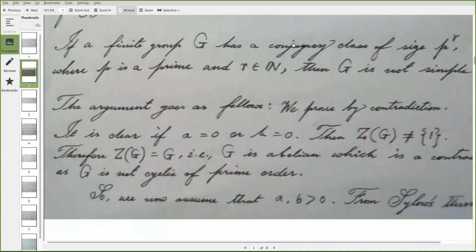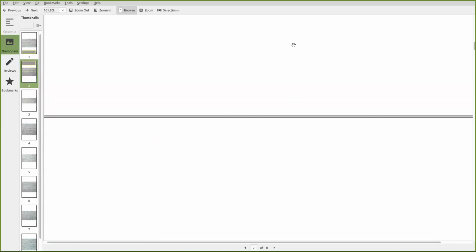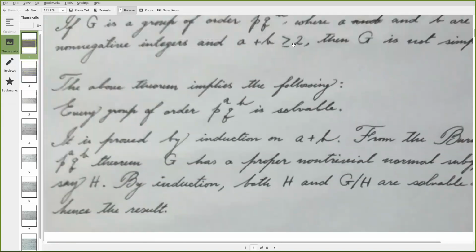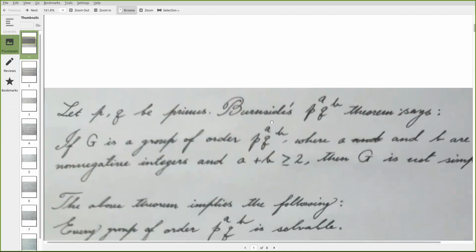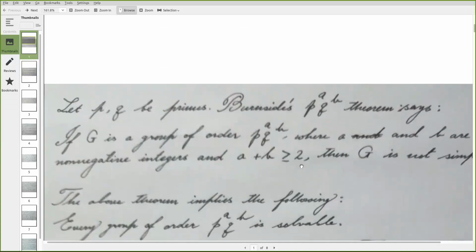Before that, let me say one thing. In the statement of Burnside's p to the power a q to the power b theorem, the condition a plus b at least 2 is appearing.